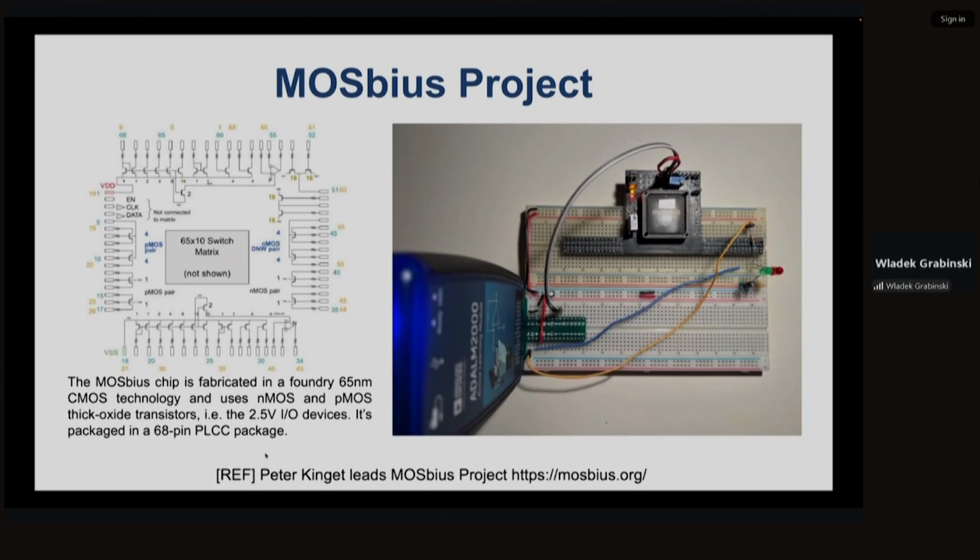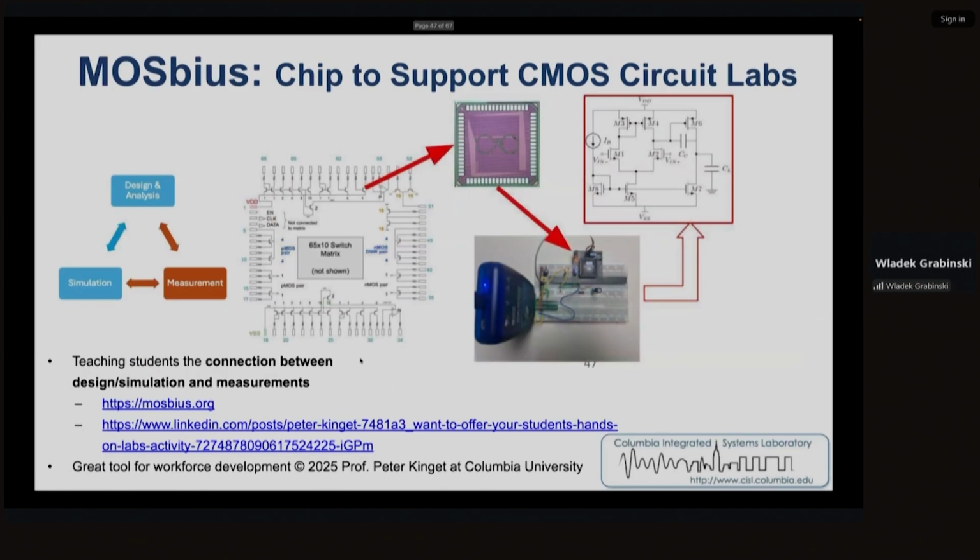This project is coordinated by Professor Kaiser, and we are about to also implement this using the open PDK at IHP. For further details, just follow the links. It's a great teaching and education tool.